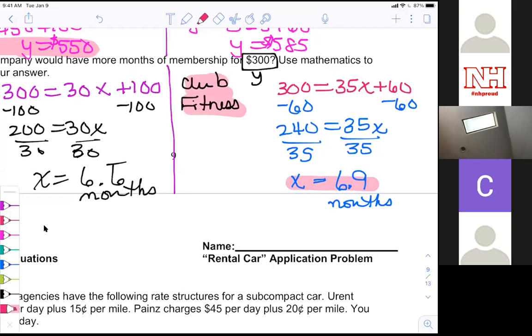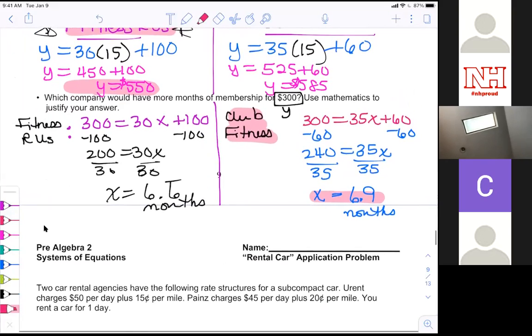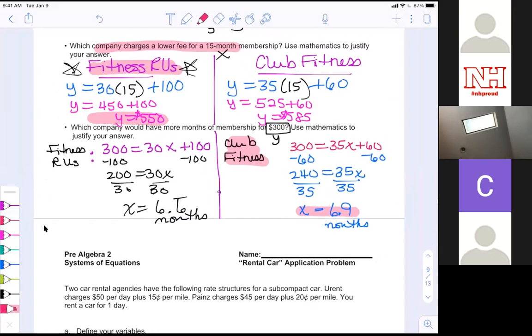But 6.9 is a little bit higher than 6.6 repeating. So I guess we would say Club Fitness might be a slightly better option. Does anybody have questions? So this is called a comparison problem where you're comparing two companies, trying to figure out which one would be better. What do I get the most bang for my buck?